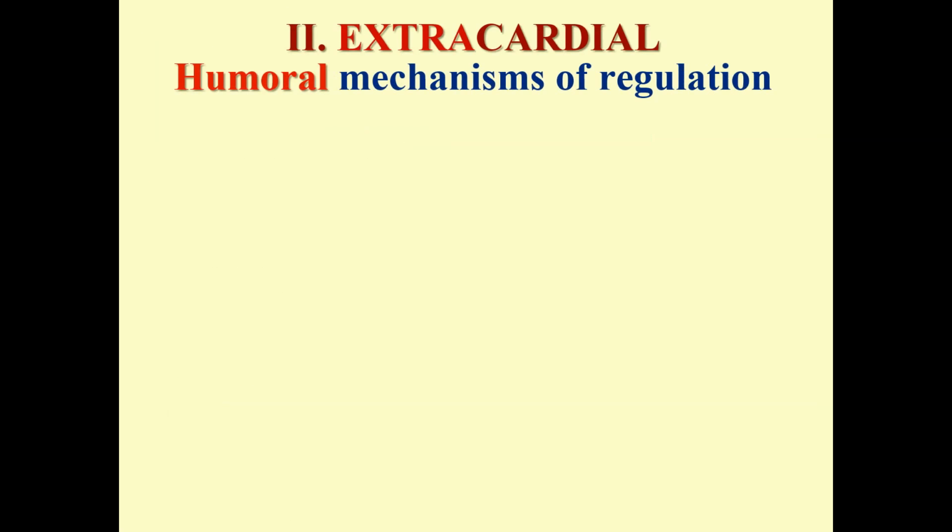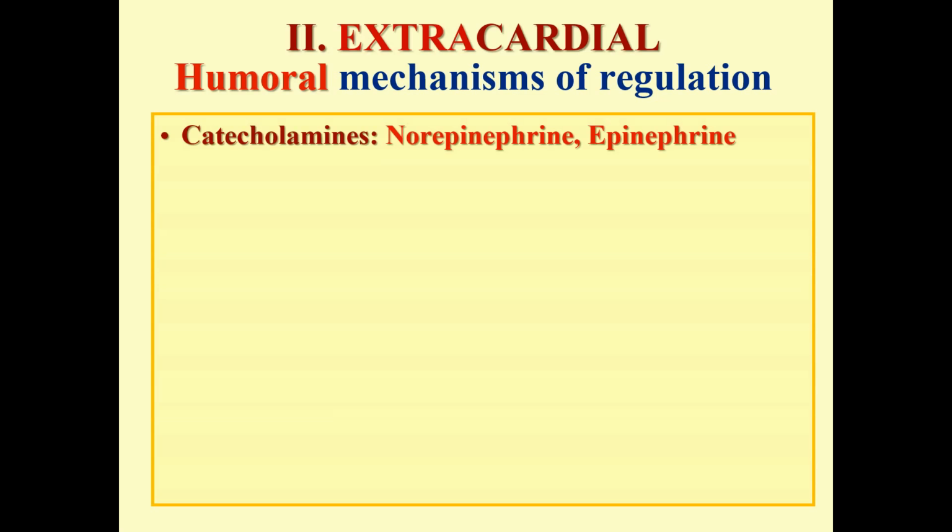All that we considered by now were neural mechanisms. Actually, they take much more time to explain and understand. As for extracardial humoral mechanisms of regulation, now it's rather easy because we know receptors in the cells which can respond to hormones such as adrenaline, noradrenaline, epinephrine, norepinephrine, catecholamines. It doesn't matter whether they are released as transmitters from nerve endings of sympathetic nerves, or they come through blood from the adrenal medulla.